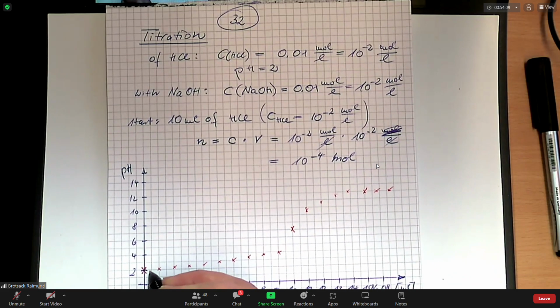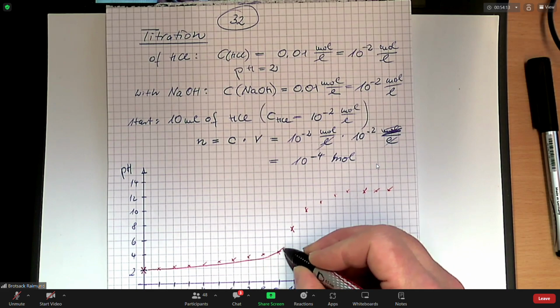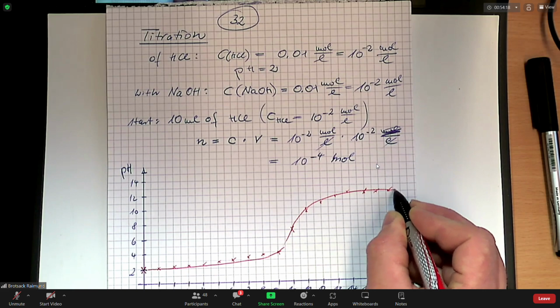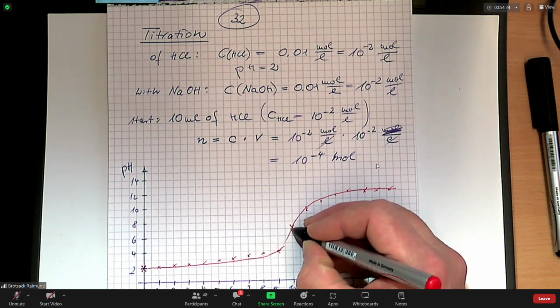So it will look similar to this curve. Here we have the increase. It will look similar to that. And this is what we call the equivalence point.